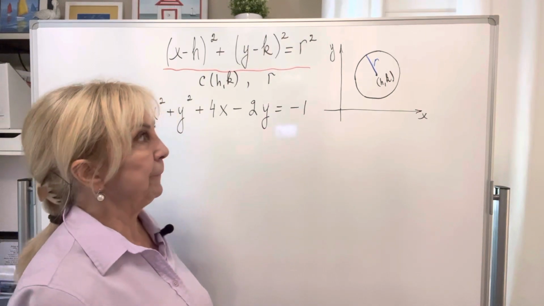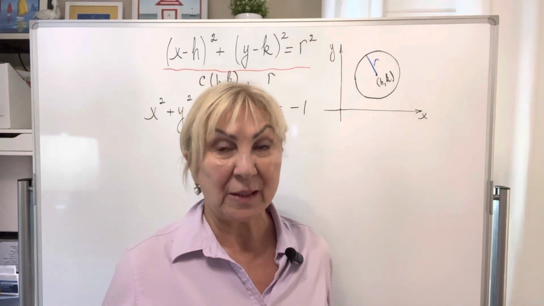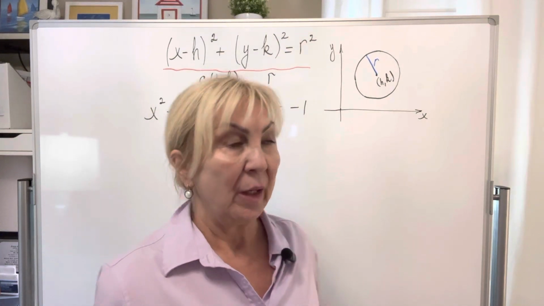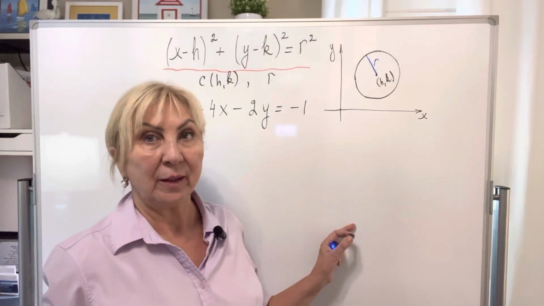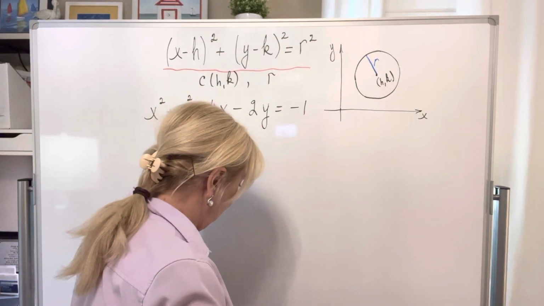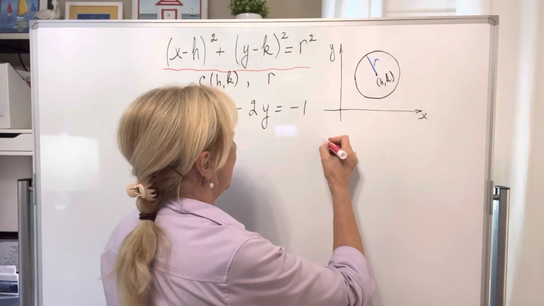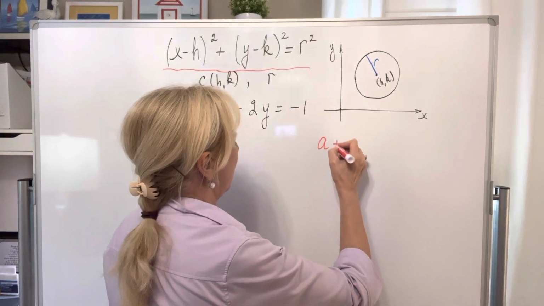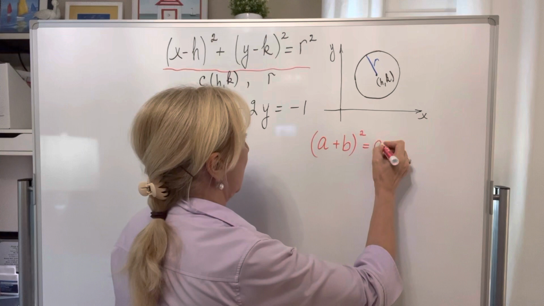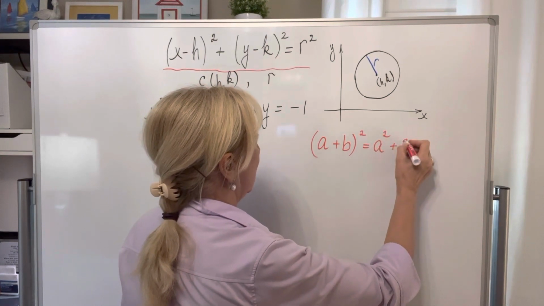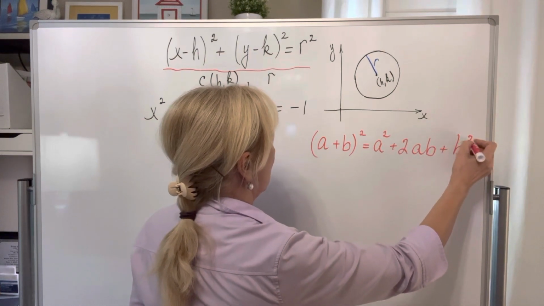I have to remind you, what is a perfect square trinomial? I'm going to write down the special case formulas here on the side. Maybe I can use some red color. a plus b squared equals a squared plus 2ab plus b squared.